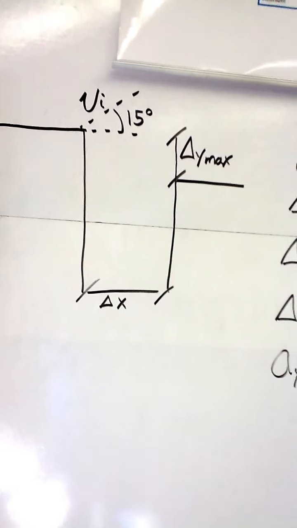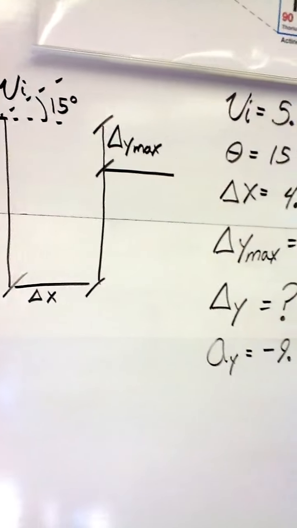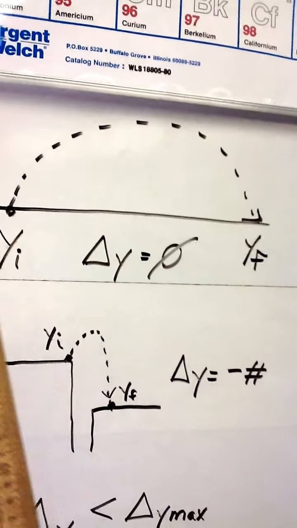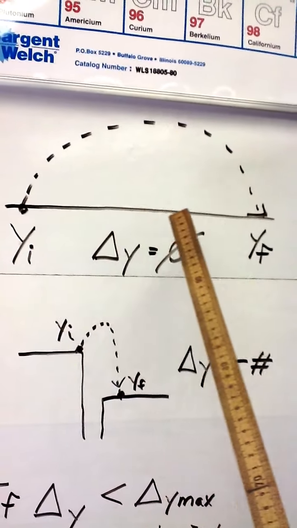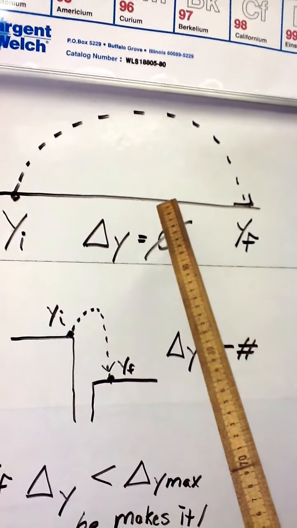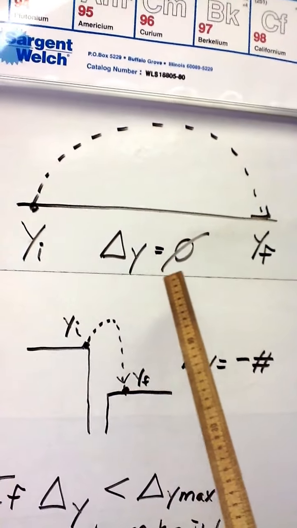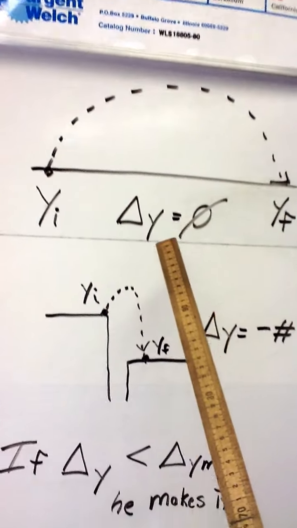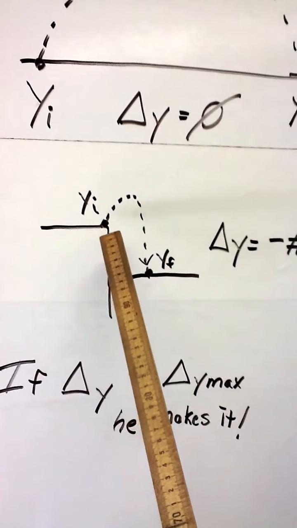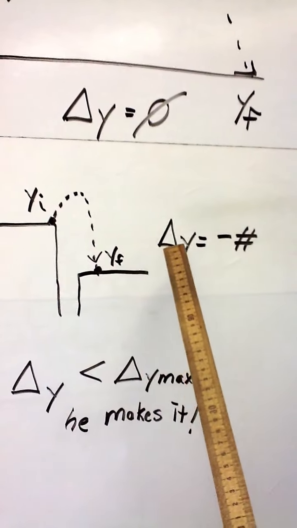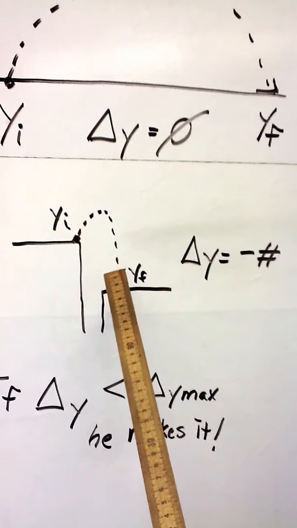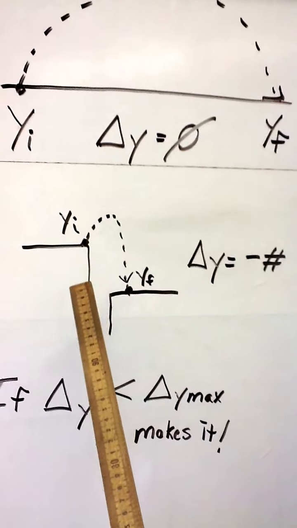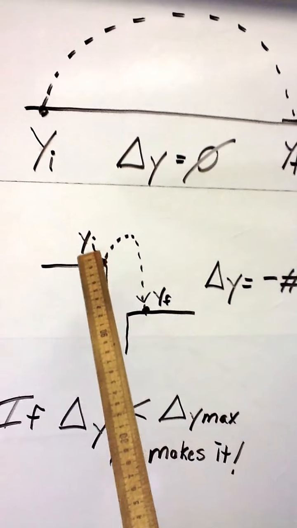All right, now here's the thing with this problem. With problems before, you've been dealing with projectile motion where your initial and final displacement, horizontally or vertically speaking, is equal to 0. But with this particular problem, you have a negative vertical displacement, okay, where our final spot and our initial spot are not in the same plane. All right, they're different.